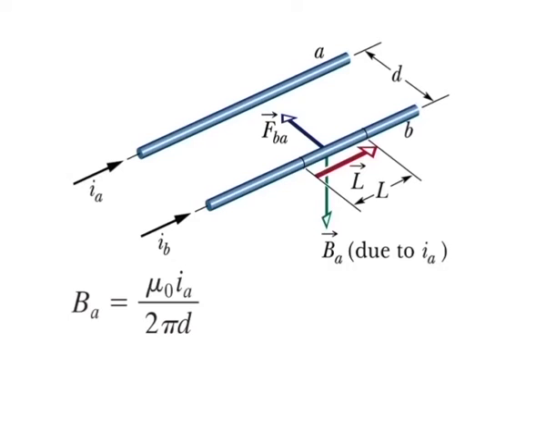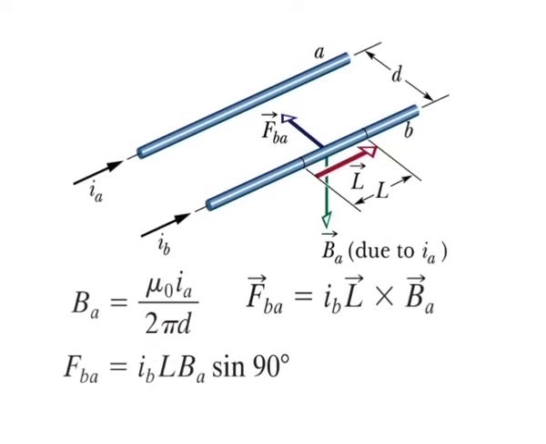Now that we have the field, we can find the force it produces on wire B. The force on a length L of wire B due to the external magnetic field produced by wire A is given by FBA equals IB L × BA. In the figure, vectors L and BA are perpendicular to each other, so we can write FBA equals IB L BA sin 90 degrees, which is equal to μ0 L IA IB divided by 2πd.